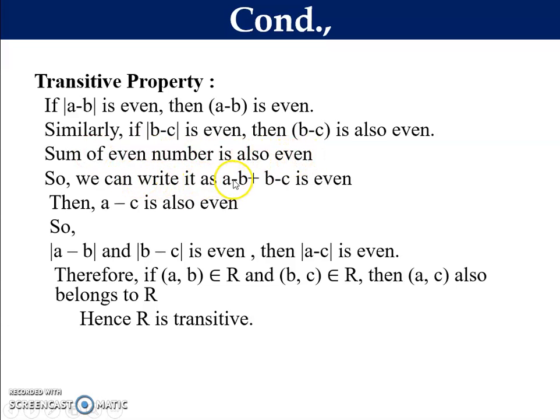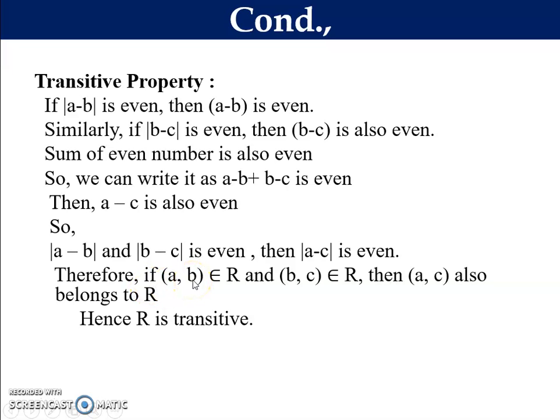So we write (a − b) + (b − c) on adding, and b and b will cancel. This should be even. It is nothing but a − c, which is also even. So from a − b and b − c, I got a − c is also even, so |a − c| is also even.